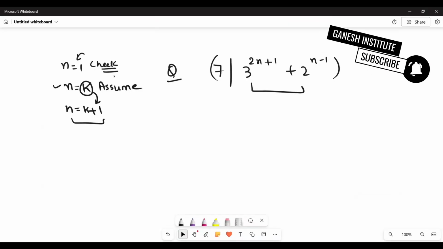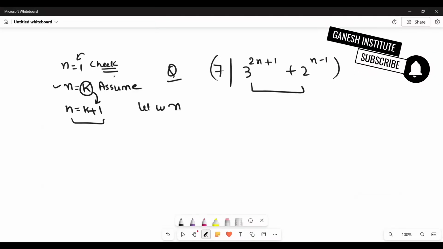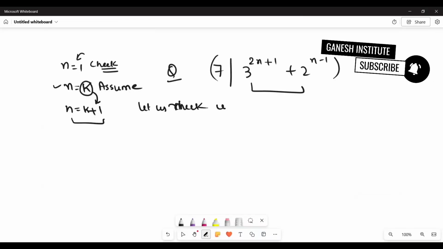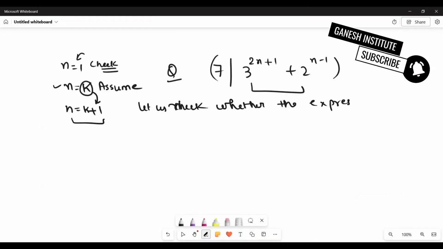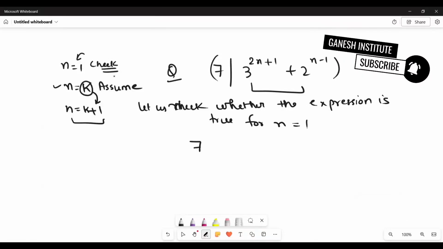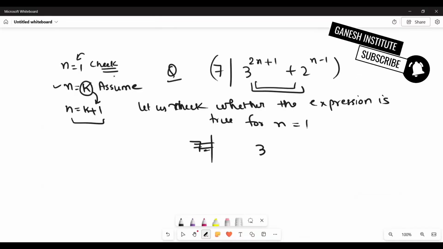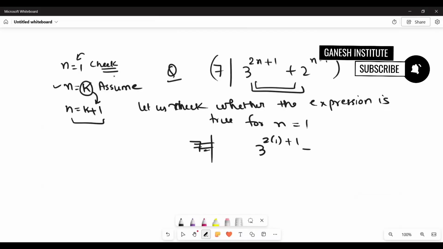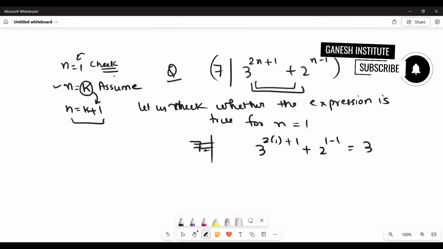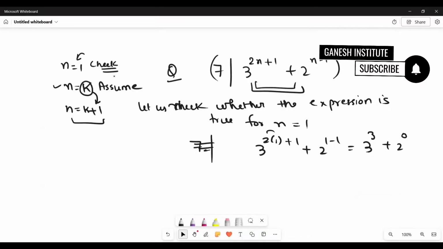It's simple if I check it for n equals 1. So you say, let us check whether the expression is true for n equals 1. Forget about the divisor for now: 3 raised to power 2 plus 1, plus 2 raised to power 1 minus 1, that is 3 cubed plus 2 raised to power 0.